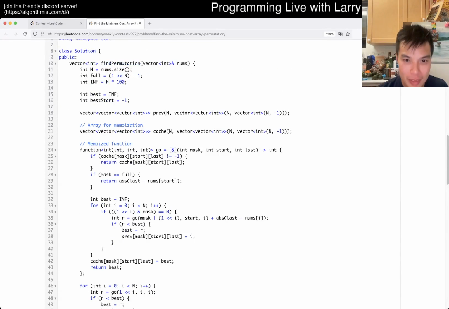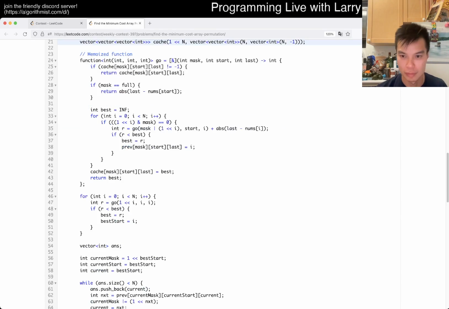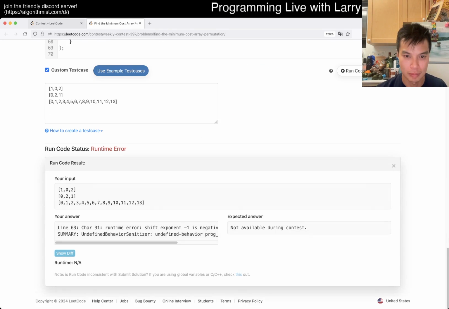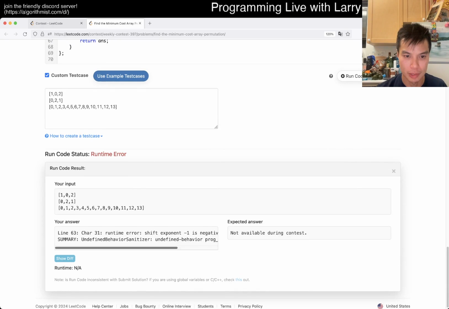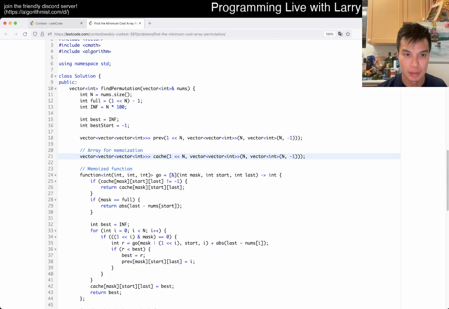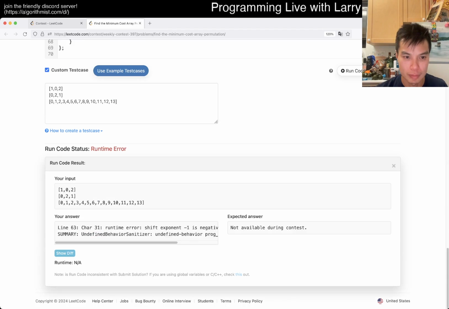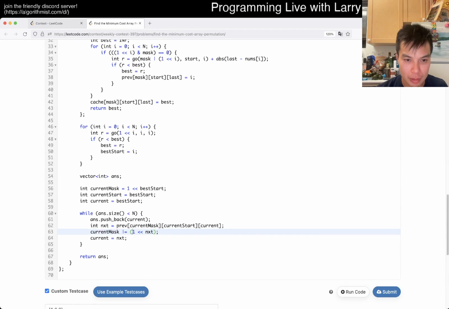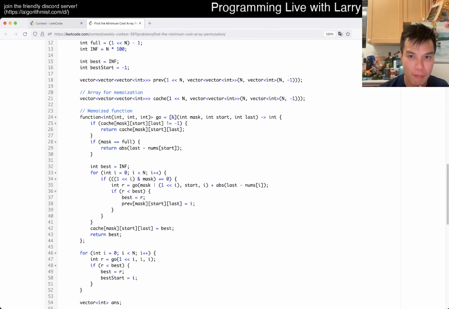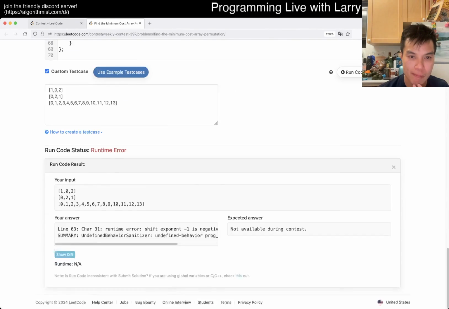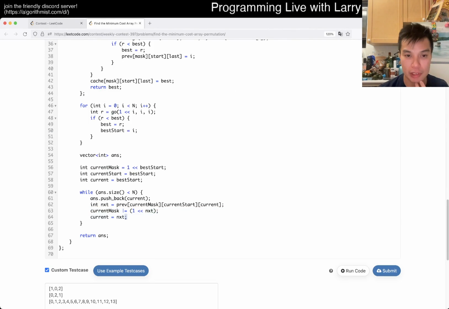Well, that's not good. One of these is 2 to the n. Line 63. Well, that's not good. I don't even know if this is right.